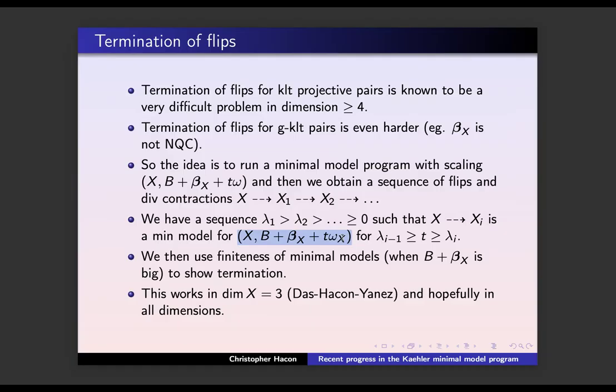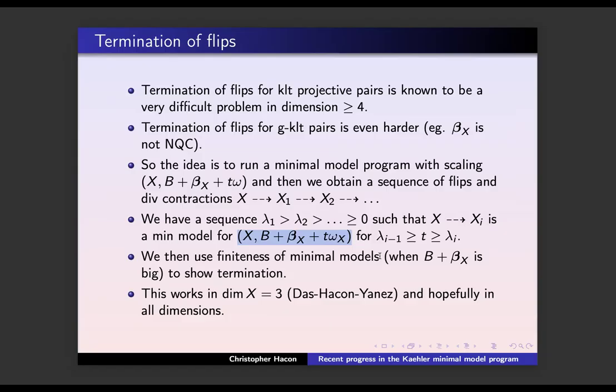It's very similar to what you would do with a Kähler-Ricci flow. So what happens is that you produce a sequence of minimal models for objects of this form where t varies in different intervals. And if you were to assume that the minimal model program conjectures work in this setting, then you can formally deduce that you have some finiteness results for these minimal models, and hence you can deduce that this kind of minimal model program with scaling has to terminate.